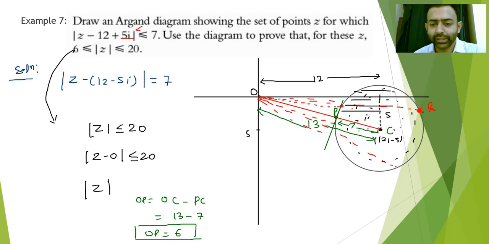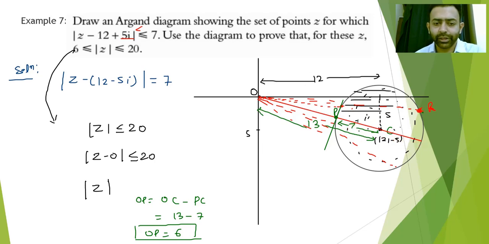So you can extend this line like this. This distance will be the maximum distance, because all these other distances, if you see clearly, will be less. The maximum distance will lie along the diameter of this circle.